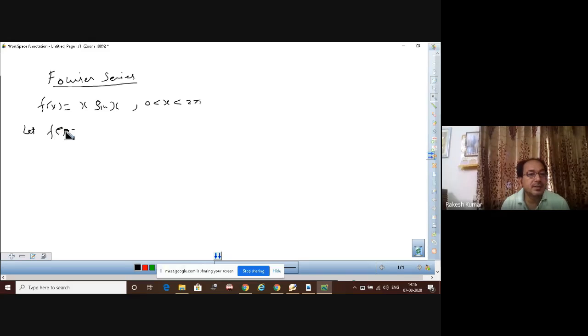The Fourier series is f of x equals a naught by 2 plus summation n equals 1 to infinity of a n cos of nx plus b n sine of nx, and name it as equation number 1.